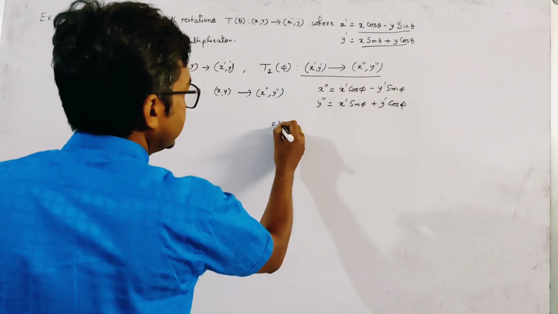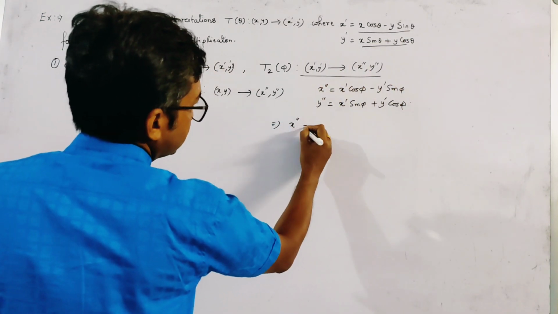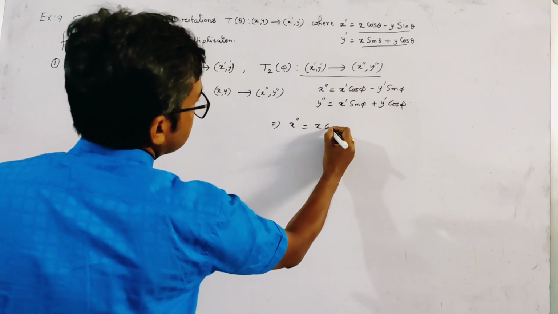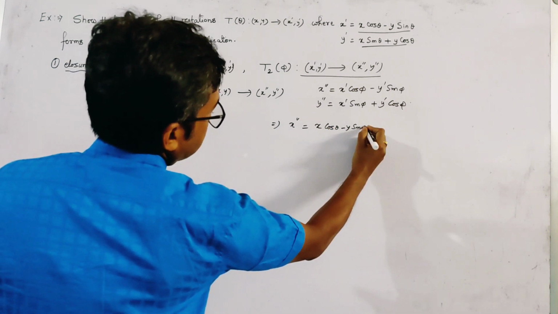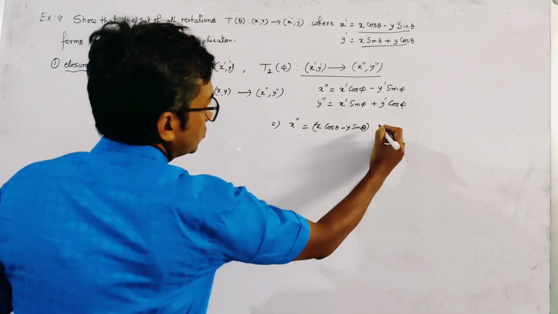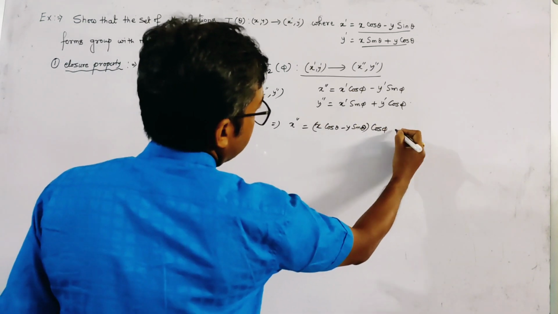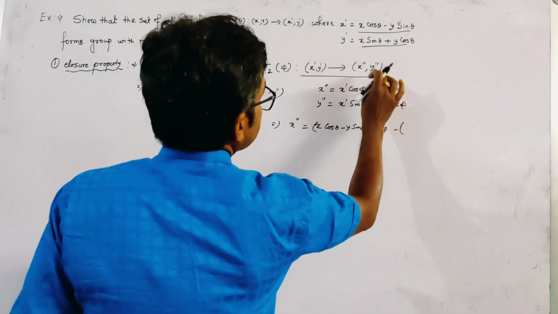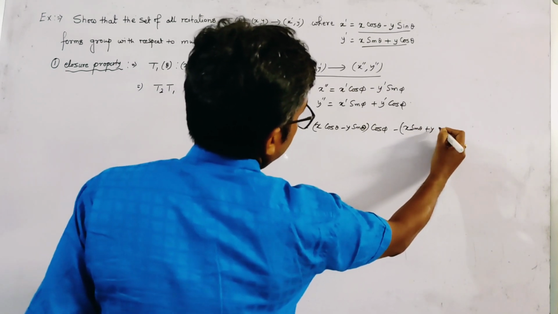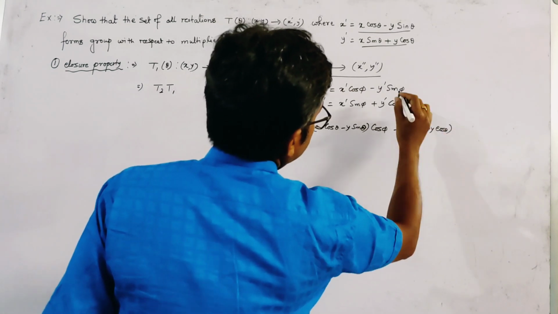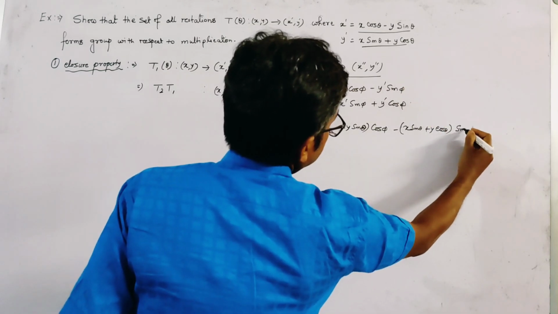Here we get x'' = (x cos theta - y sin theta) cos phi - (x sin theta + y cos theta) sin phi.